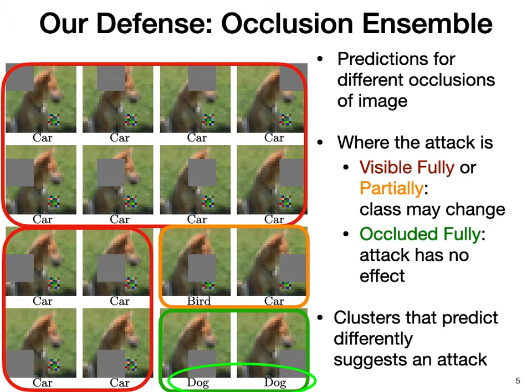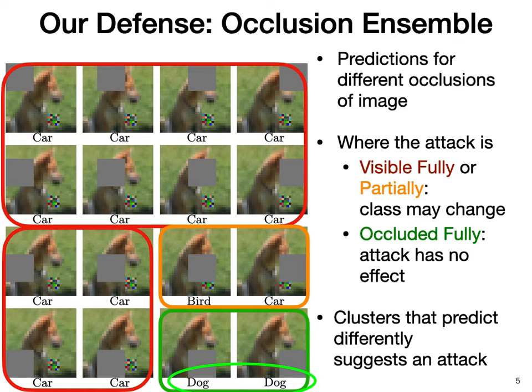Here is an overview of our defense with a larger grid. We have overlapping occludes across the image. For each, we make a prediction. We assume that having even 1 pixel of the patch visible allows the attacker to change the predicted label.